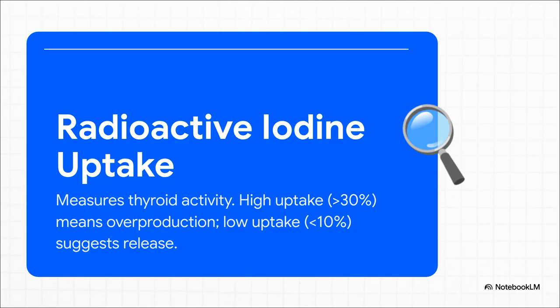So the radioactive iodine uptake scan, or RAIU, is basically a test of how hungry the thyroid gland is for iodine. If the gland is sucking up a lot of it, that's a high uptake. It tells you the thyroid factory is working overtime. That's true hyperthyroidism. But if the uptake is low, it suggests the hormone is just kind of leaking out of a damaged gland, like we see in thyroiditis, or maybe even coming from pills.